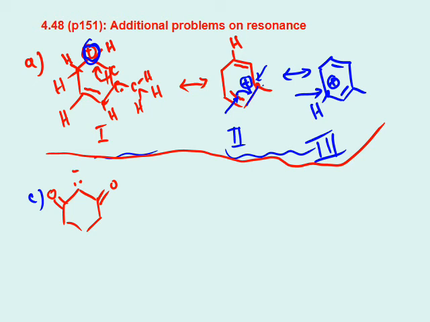If I call this structure number 1, can we figure out any passage of electrons? Yes, I can. The electron is in here, negative charge. The electron can come over here, even though this carbon has 4 bonds.